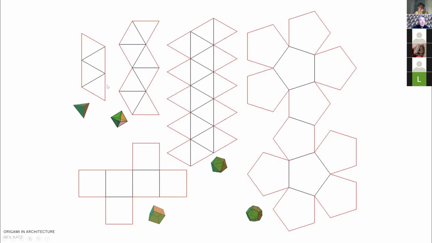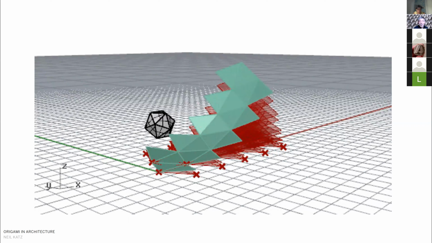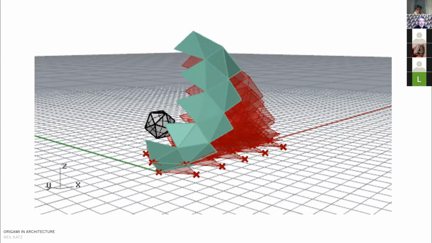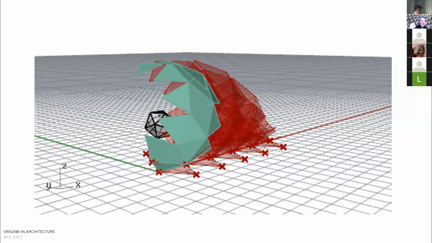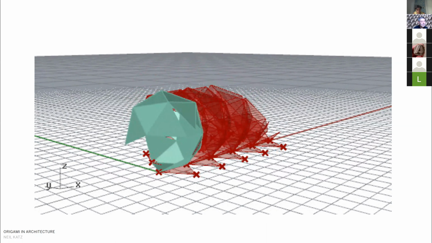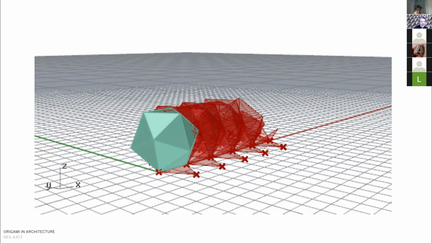And we could look at the complete nets instead of just one corner. If we unfold the entire solid, these are the nets that we can create that will allow us to fold and create the complete solid. And here's an animation showing the icosahedral net made up of 20 triangles and how it's able to fold like Bucky Fuller's image animation to create the icosahedron.